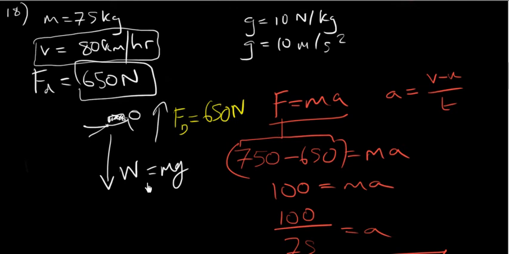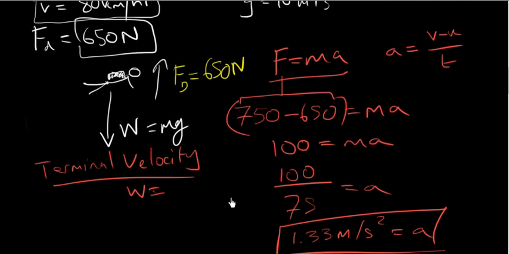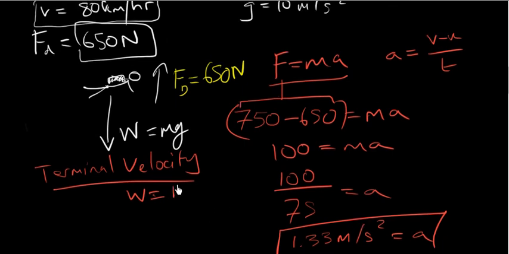Eventually we'll get to a point where the weight is equal to the drag force, and then you will have something called terminal velocity. In other words, the velocity beyond which it doesn't increase anymore. You would get that when the weight is equal to the force of drag.